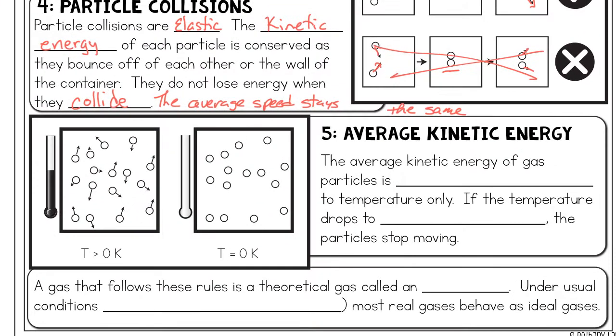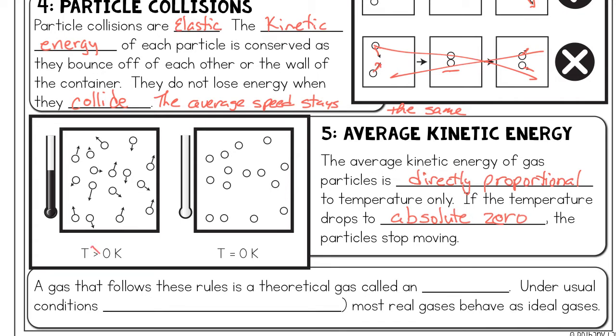Number 5, average kinetic energy. The average kinetic energy of gas particles is directly proportional to the temperature only. If the temperature drops to absolute 0, the particles stop moving.